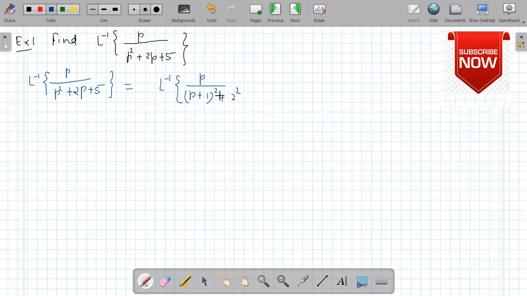Okay. Because this is p plus 1, you have to make the numerator also p plus 1, because we need a function of p plus a or p minus a. So this is already p plus a type, so we don't have any option but to make this also p plus a. What we'll do here is add 1 and subtract 1.